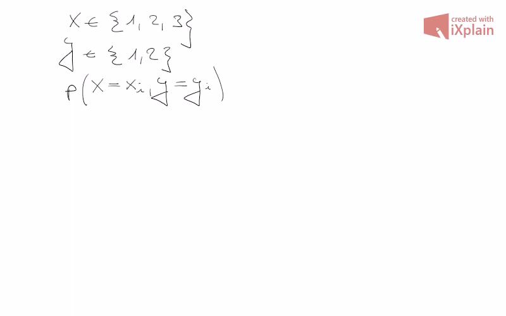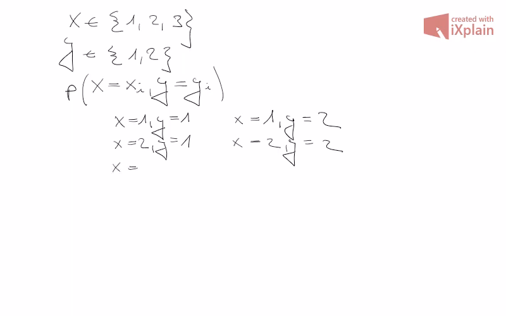So x can be 1 and y can be 1, x can be 1 and y can be 2, x can be 2 and y can be 1, x can be 2 and y can be 2, x can be 3 and y can be 1, and x can be 3 and y can be 2.